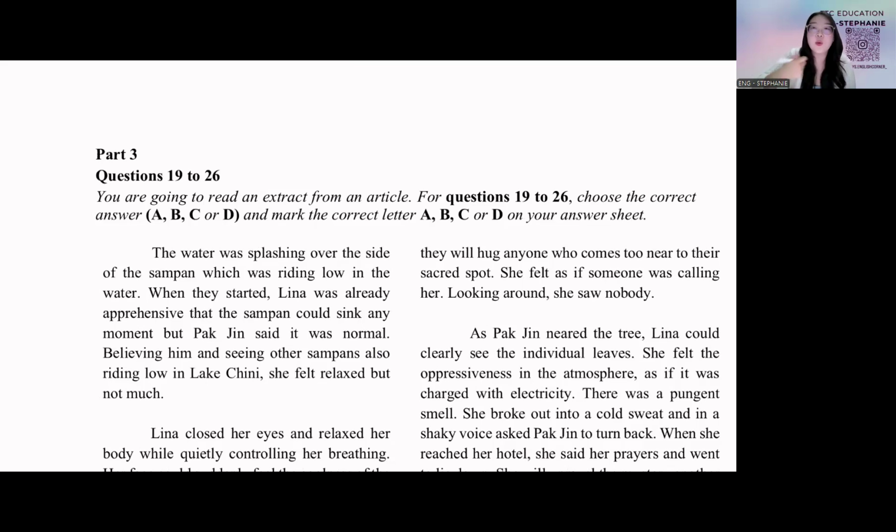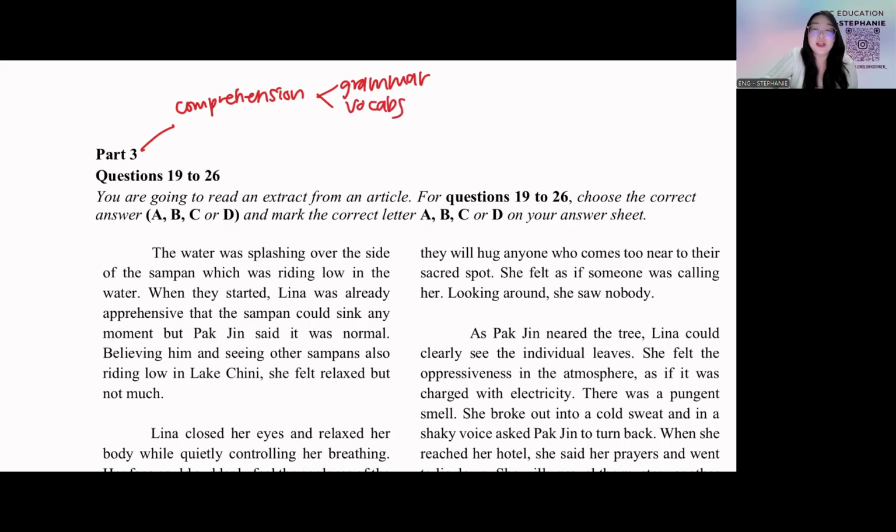Long text is also one of the parts that students really hate. My opinion is that there's no other way than your comprehension towards your grammar, as well as your vocab.